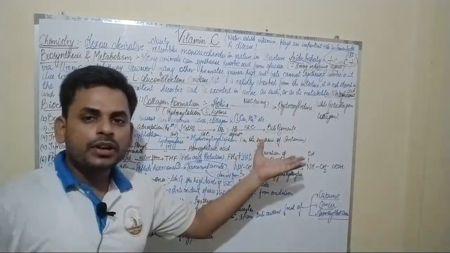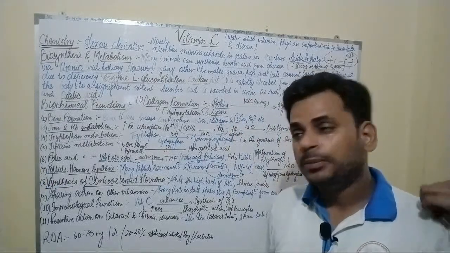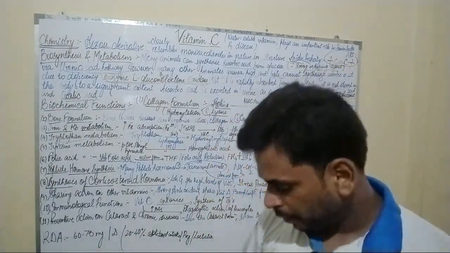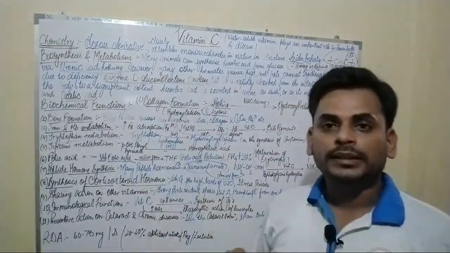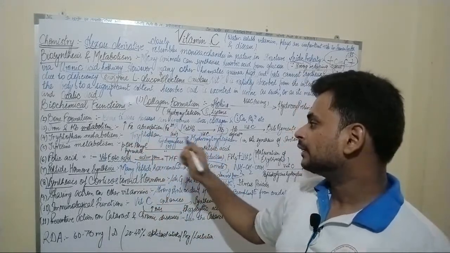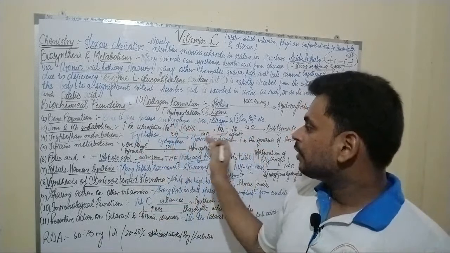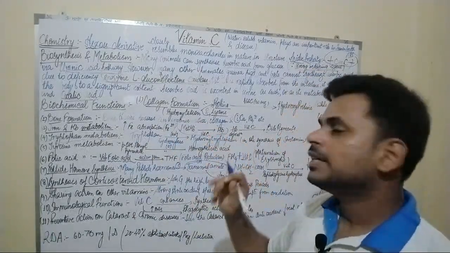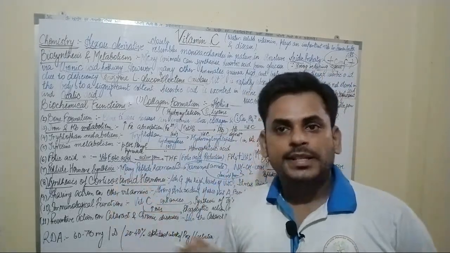In the synthesis of serotonin, it has been seen that tryptophan is the most important amino acid. During the tryptophan metabolism, the hydroxylation of the tryptophan requires the presence of vitamin C. So this hydroxytryptophan is basically involved in the synthesis of serotonin.